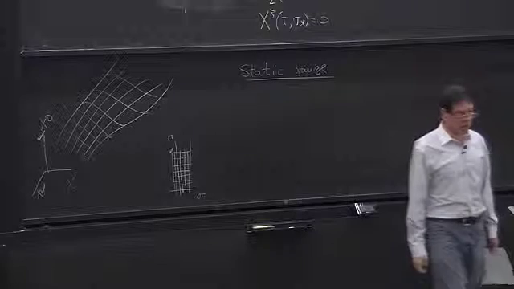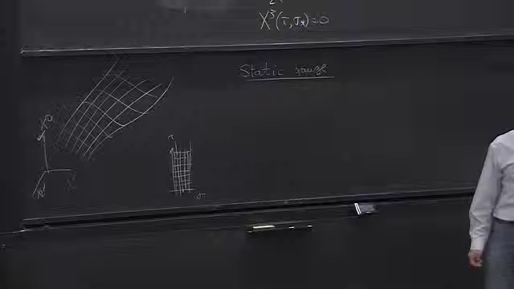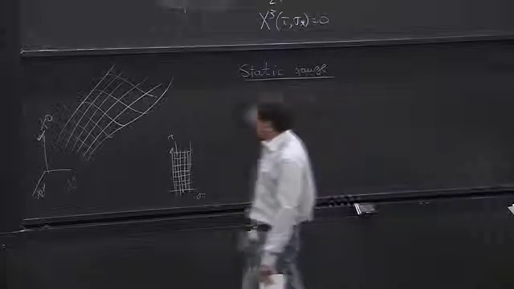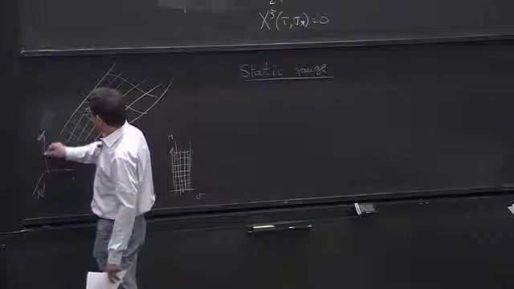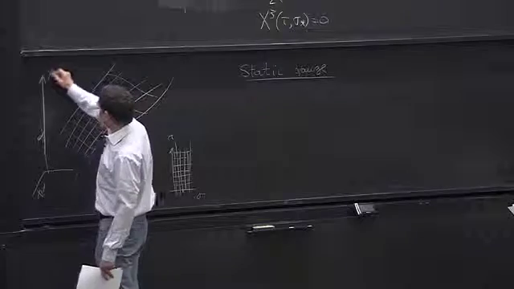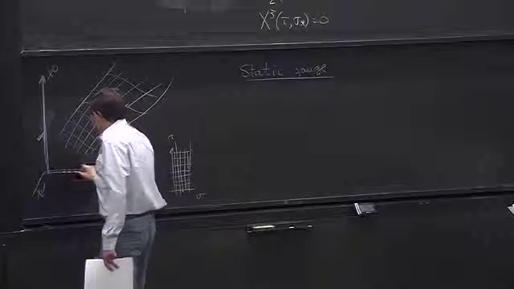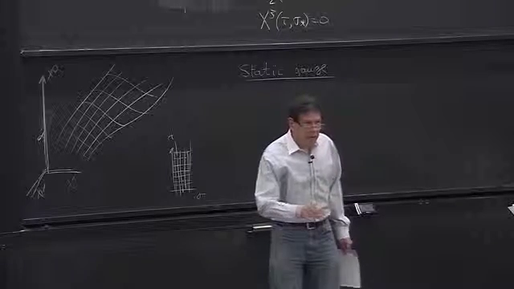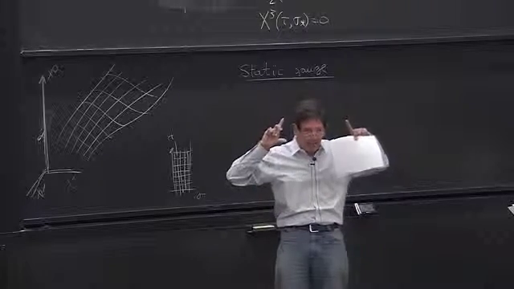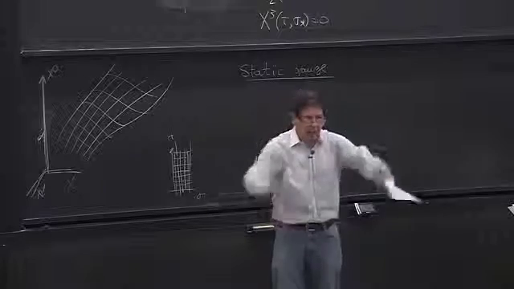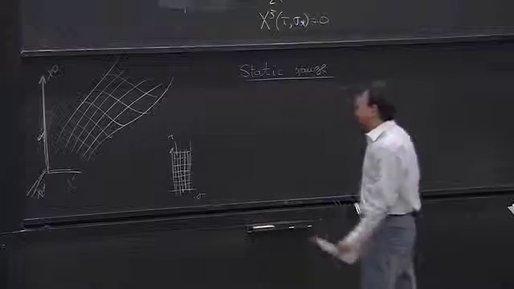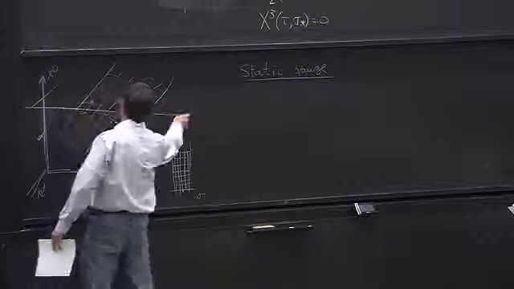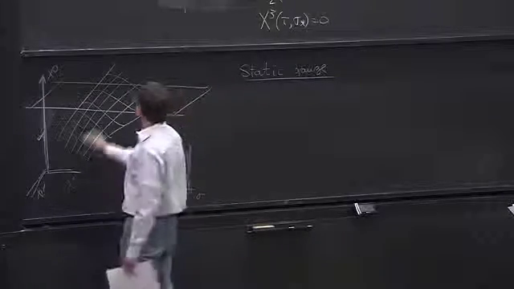But the intuition is simple. Here is x0. And you decide, look, let's take a picture of the string in this Lorentz frame at some time t0. And therefore, taking a picture of the string at that time, t0, is like drawing a hyperplane here.